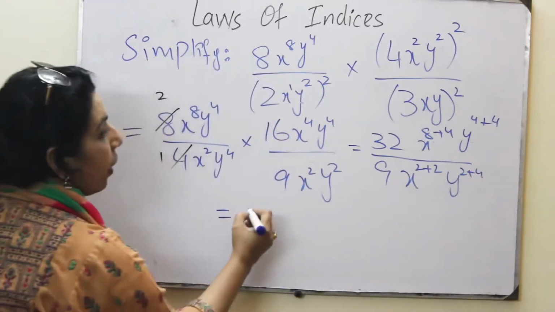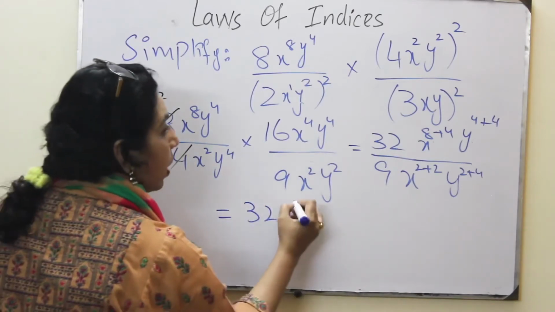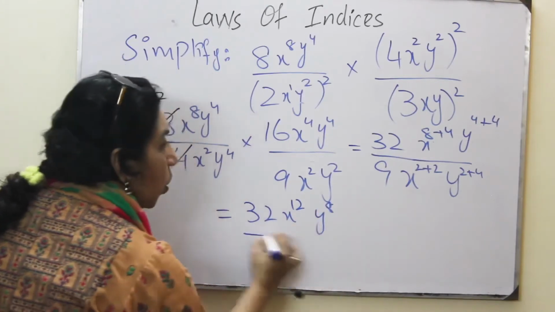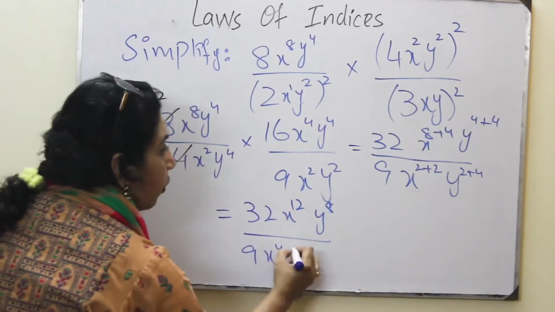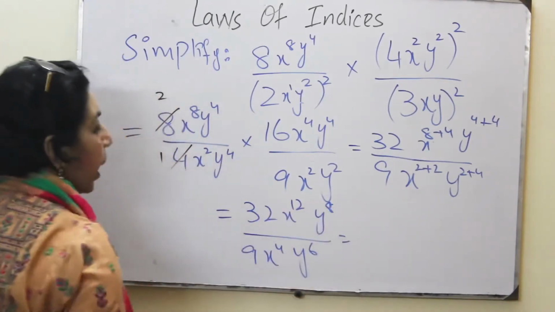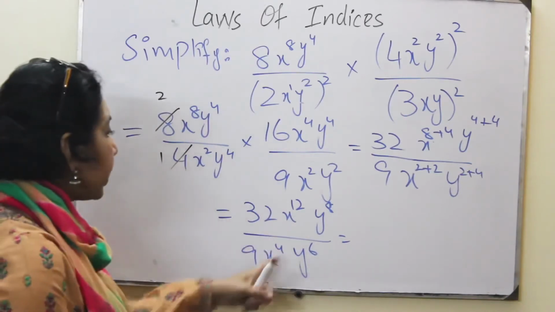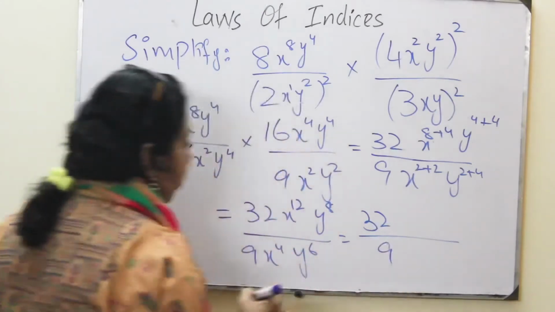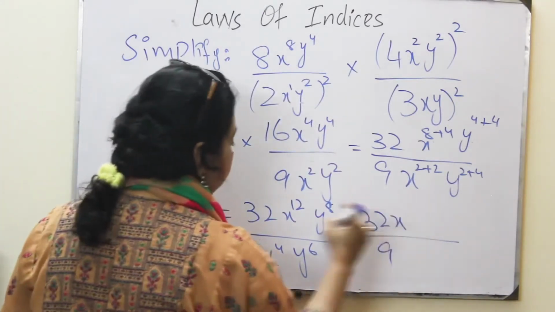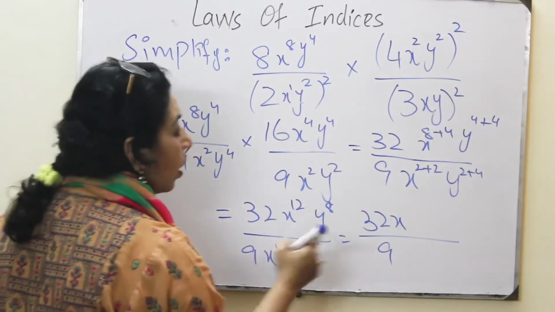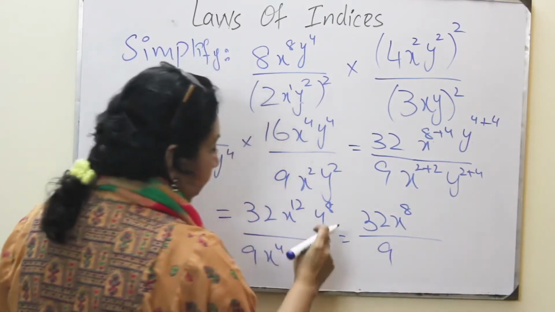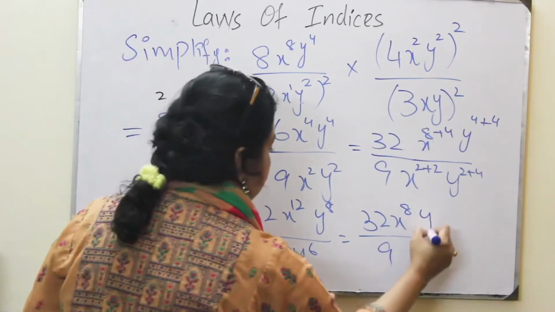So now we have 32 x power 12 y power 8 over 9 x power 4 y power 6. Subtracting the powers of x from x and y from y, our final answer will be 32 over 9 x power 12 minus 4, second law, 12 minus 4 is 8, and y 8 minus 6 is 2.